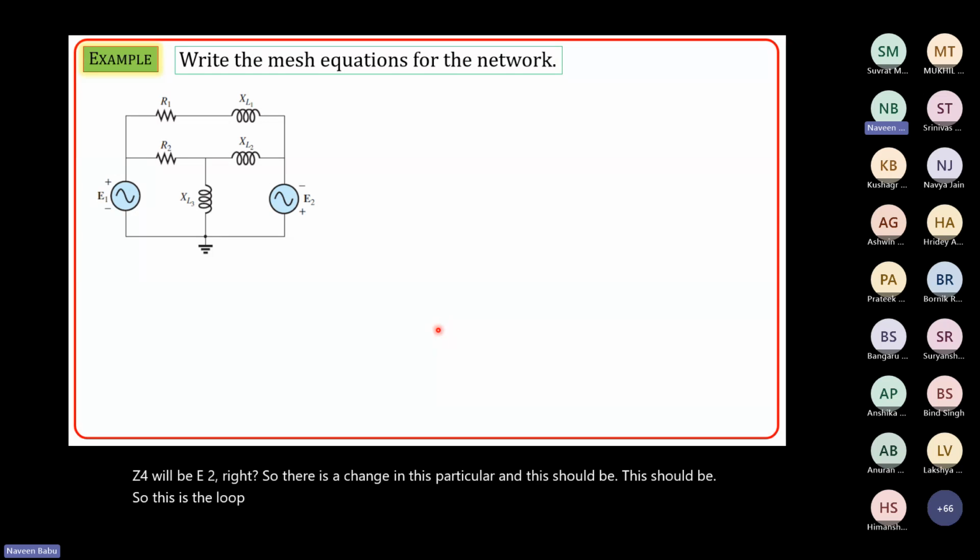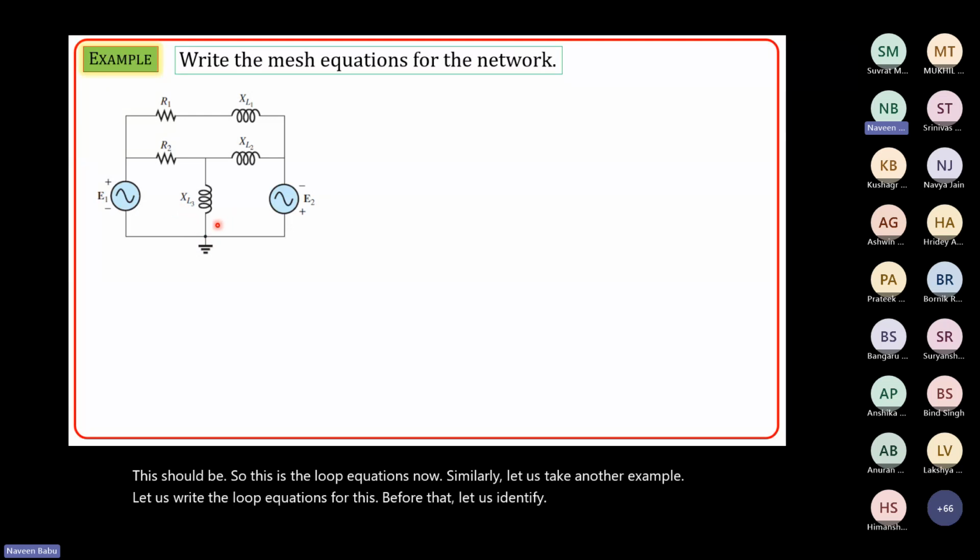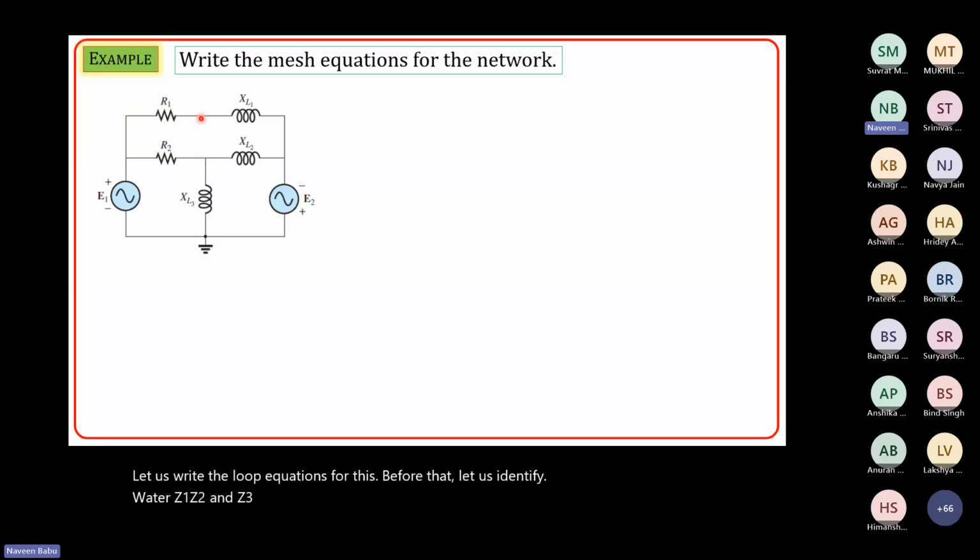Now similarly, let us take another example and write the loop equations for this. Before that, let us identify Z1, Z2 and Z3. Let this be Z1, so Z1 here will be R1 plus jXL1. Let this be Z2, this be Z3 and Z4.